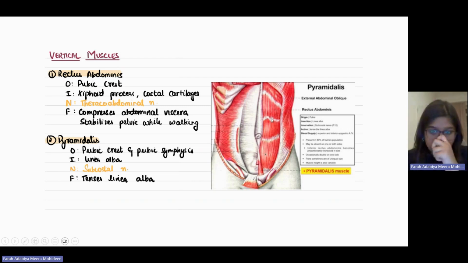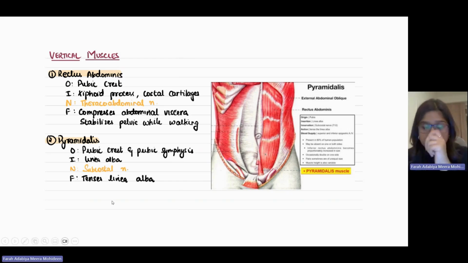And then you have a tiny muscle here, the pyramidalis. Origin for both of them is the pubic crest. And insertion of the rectus abdominis is in your xiphoid process on top and the costal cartilages. The innervation is thoraco-abdominal nerves, and for pyramidalis it is subcostal nerves.